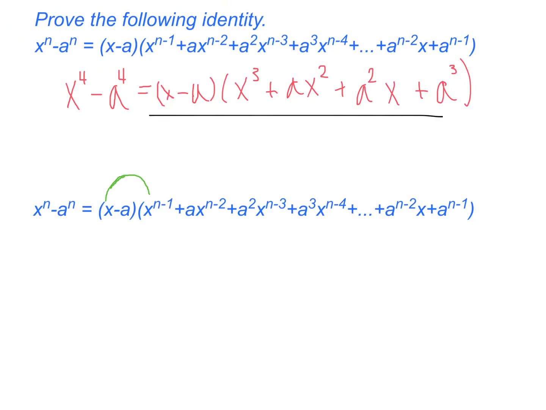And when I multiply it by the first term, I'm going to get x to the n. And nothing's ever going to cancel that. Okay, nothing's ever going to cancel that. Just like nothing will ever cancel when we went through our example. But everything from there on out is going to interact in some way.